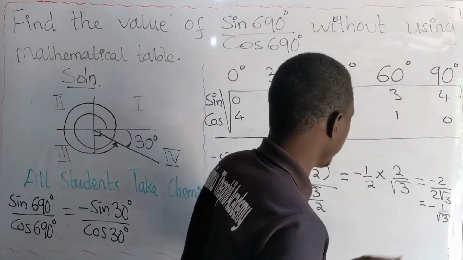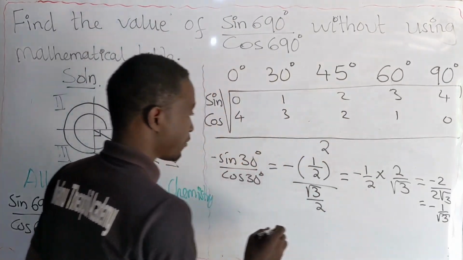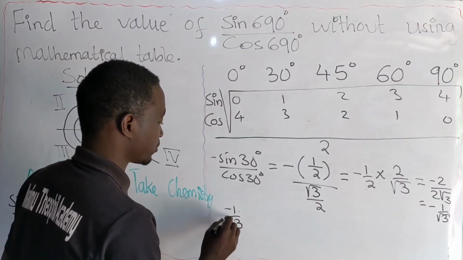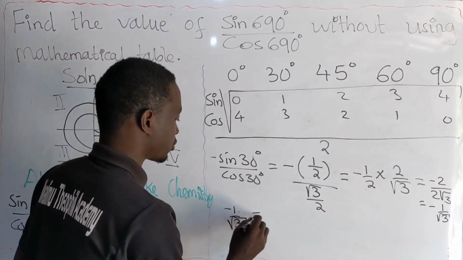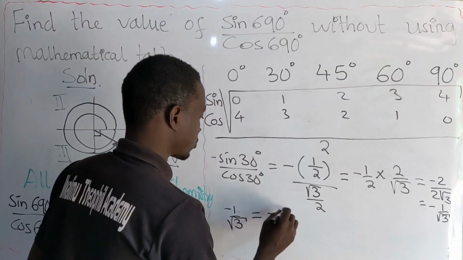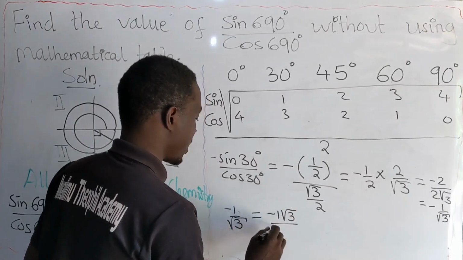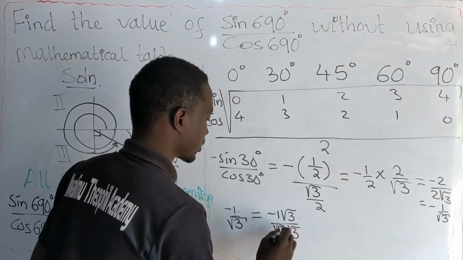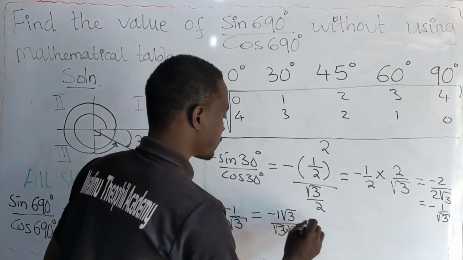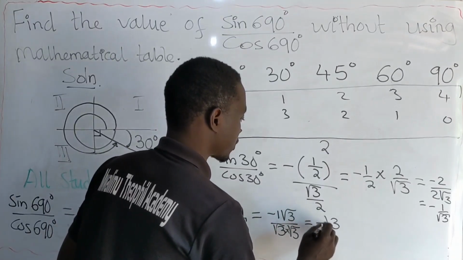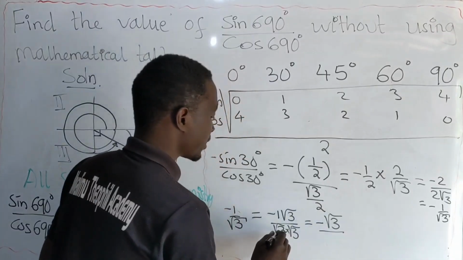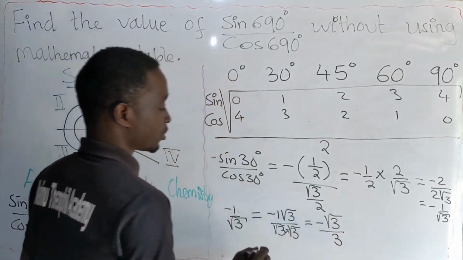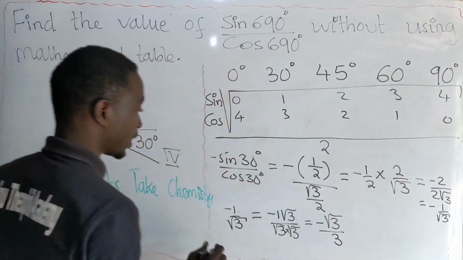When we rationalize the denominator, we have negative 1 times the square root of 3 divided by the square root of 3 times the square root of 3. Then we have negative square root of 3 divided by the square root of 3 times the square root of 3, which gives 3. So this is our answer.